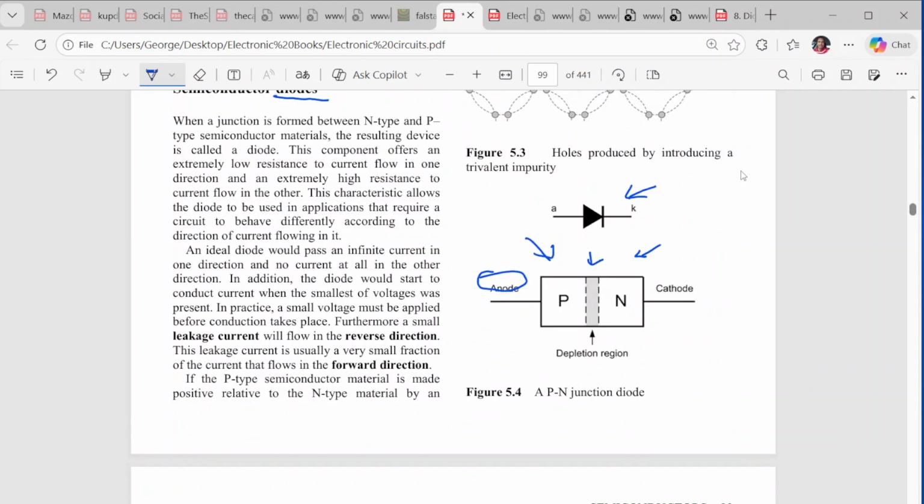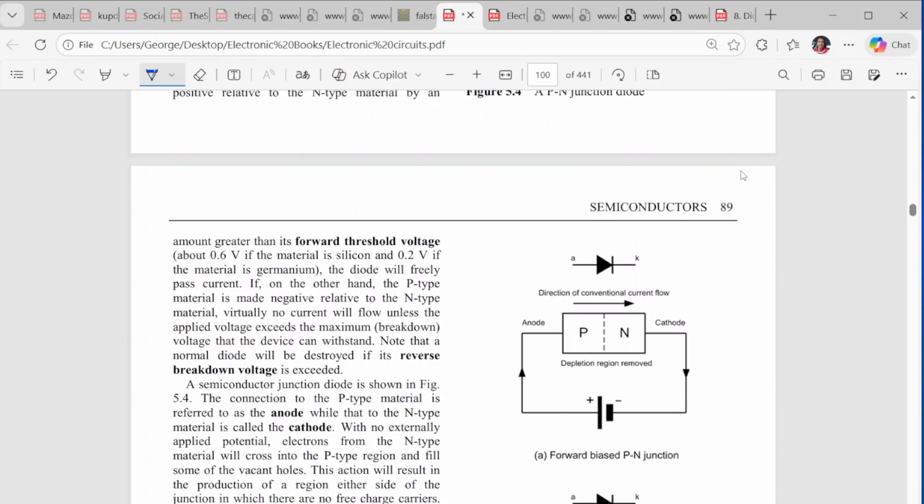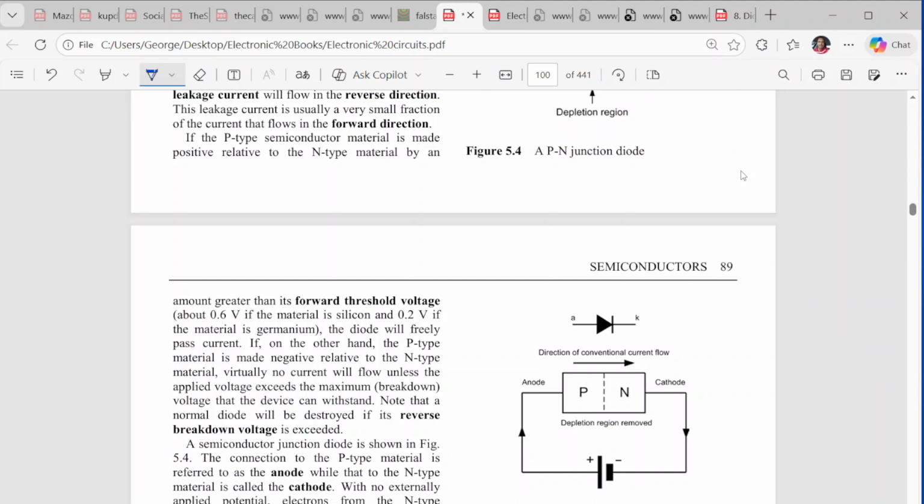Let's continue reading. It says, if the P-type semiconductor material is made positive relative to the N-type material by an amount greater than its forward threshold voltage, about 0.6 volts if the material is silicon and 0.2 volts if the material is germanium, the diode will freely pass current.